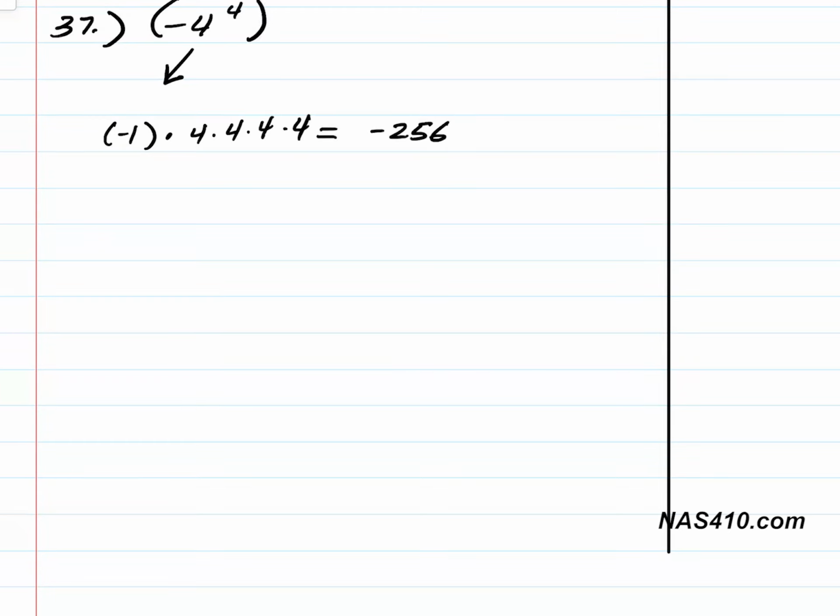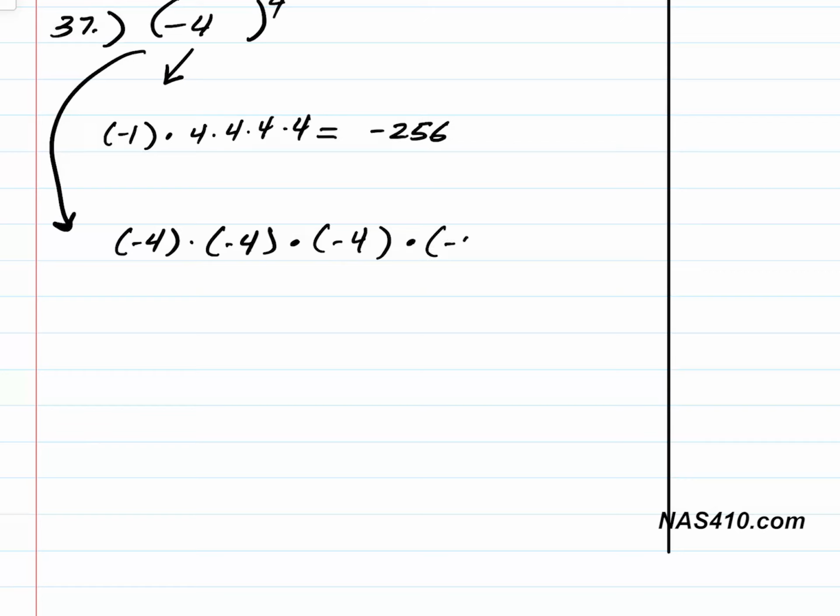And so if there were parentheses around the -4, okay, that would be like saying -4 times -4 times -4 times -4. Okay, and so when I do this math, 4 times 4 times 4 times 4, we know is 256, right?